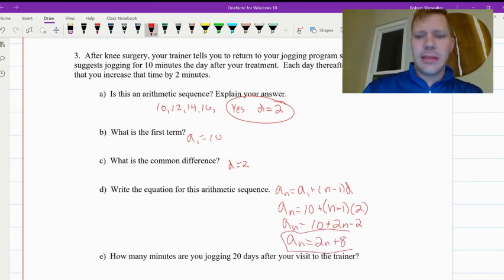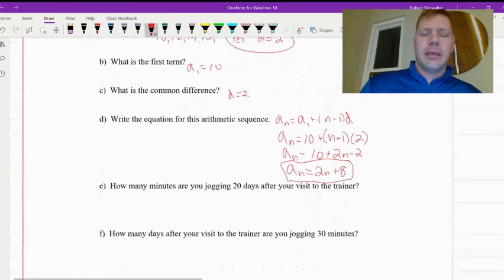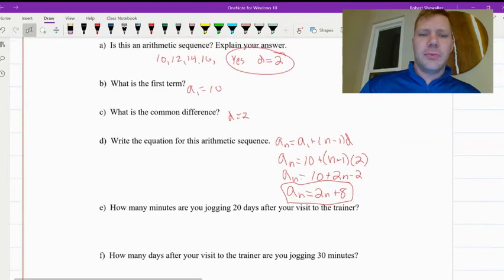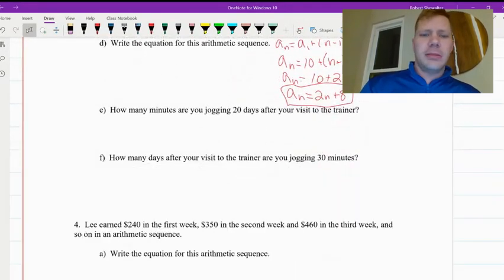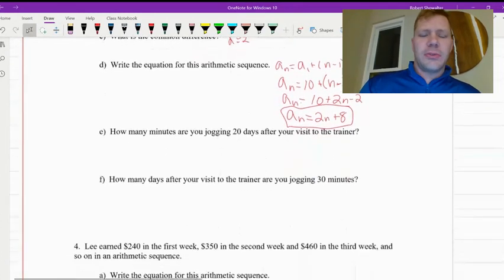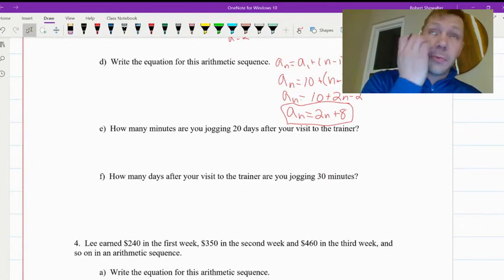So this is then the formula that would help us determine the amount of minutes we jog each day. Okay, so how many minutes are you jogging 20 days after your visit to the trainer? So remember, the first day after the visit from the trainer, that's when we started for 10 minutes.